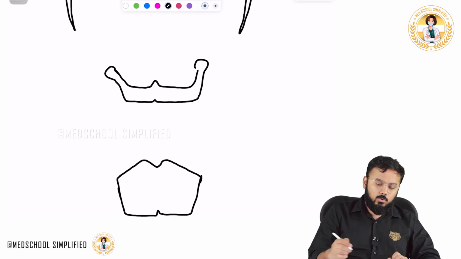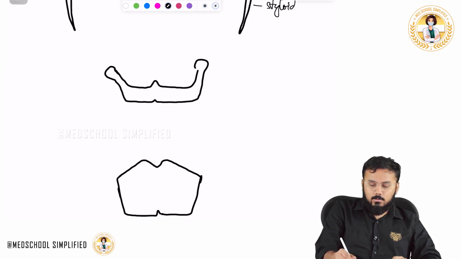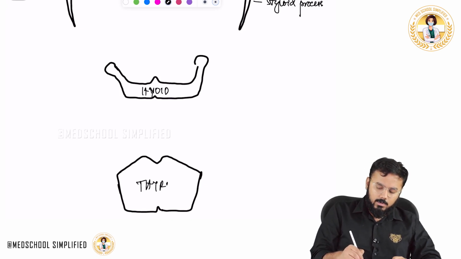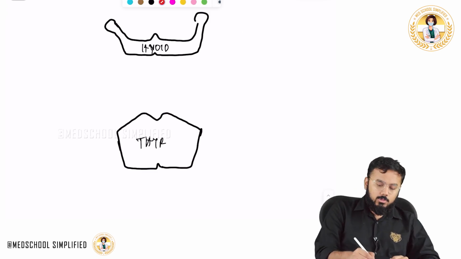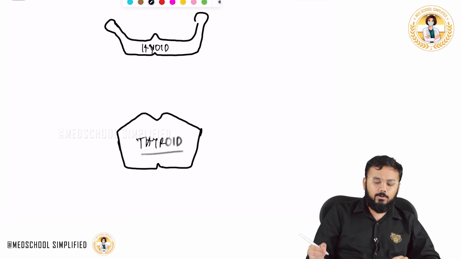Let me write down these names. This is called the styloid process, this one over here is the hyoid bone, and this is the thyroid cartilage. Okay.